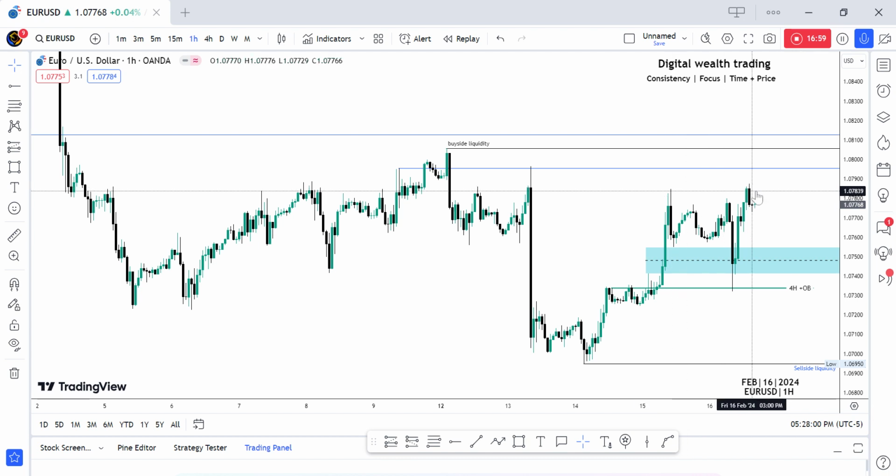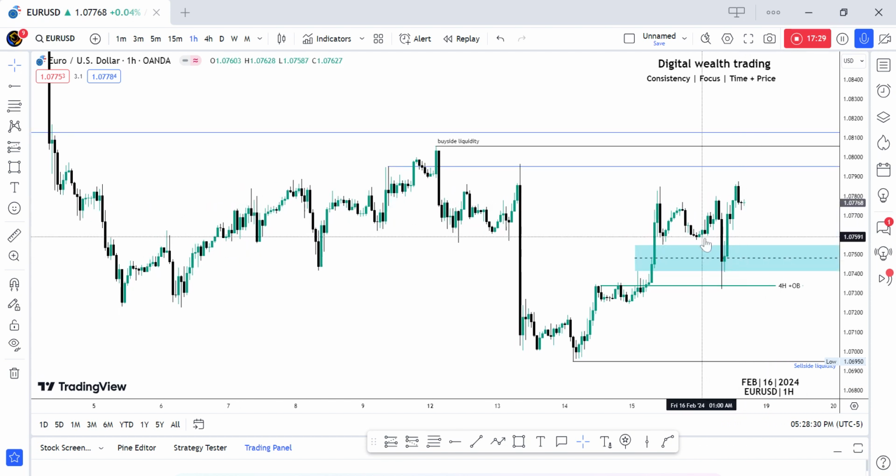And the high of the day is this particular candle, which is the 2 o'clock p.m. New York local time candle, and that candle led to the sweep of previous day high buy side liquidity and will reprice back into the daily trading range.